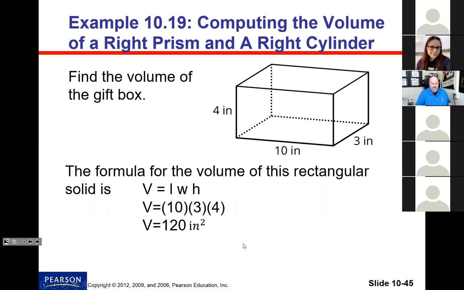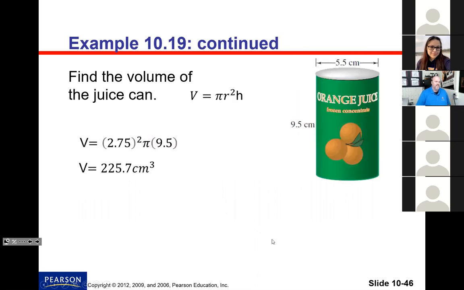Okay, next one. Here's a cylinder. With a cylinder, they'll give you certain things. Sometimes they'll give you the diameter, sometimes they'll give you the radius. In this case, the 5.5 is the diameter, so we have to cut it in half to get the radius. The formula, again, it's on that sheet too, pi times r squared times h, where r is the radius and h is the height.